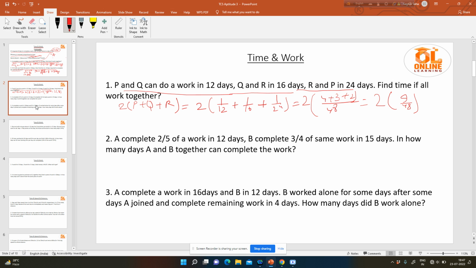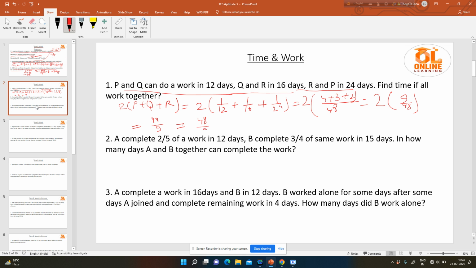So if there are 2P plus 2Q plus 2R, they can complete the work in 48 by 9 days. But we have to find the time with single P, Q and R, so for that we have to multiply by 2.